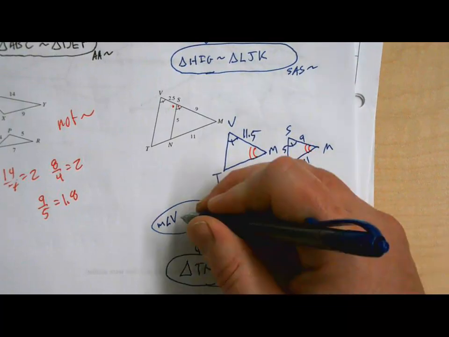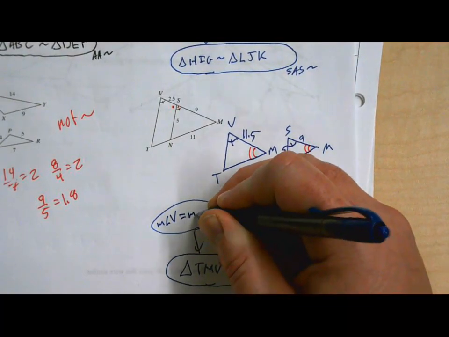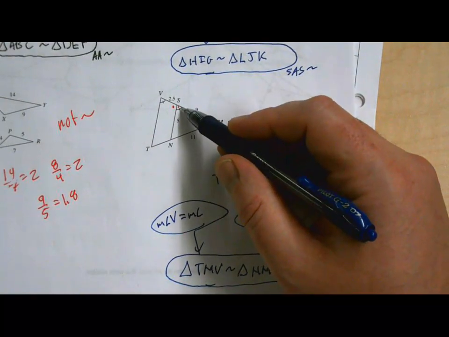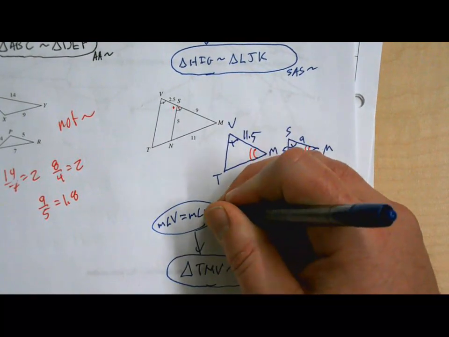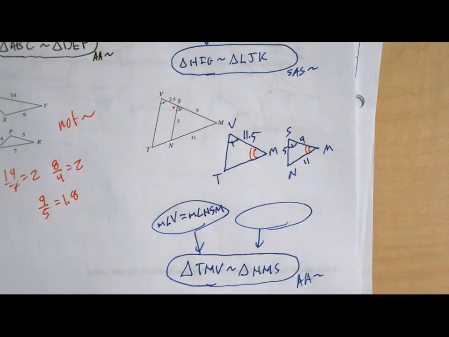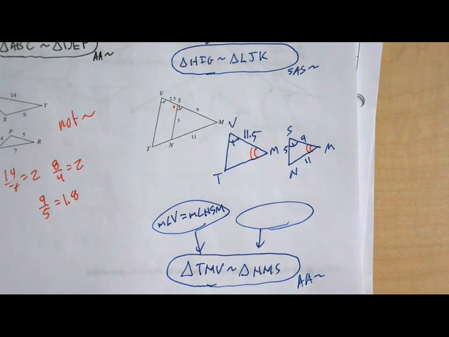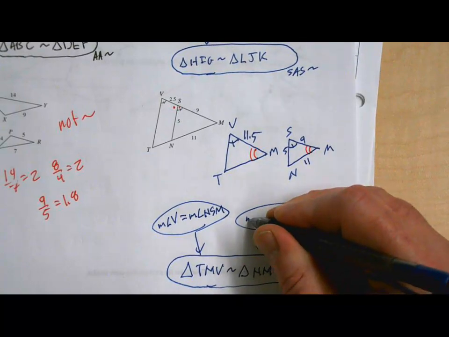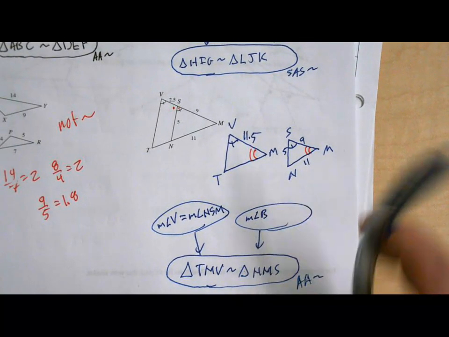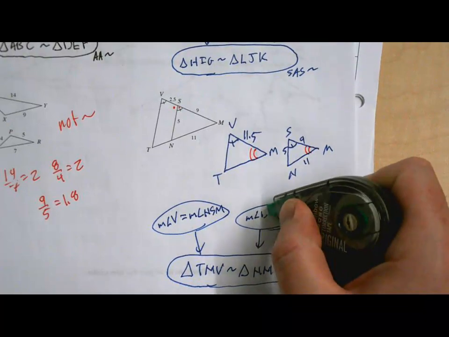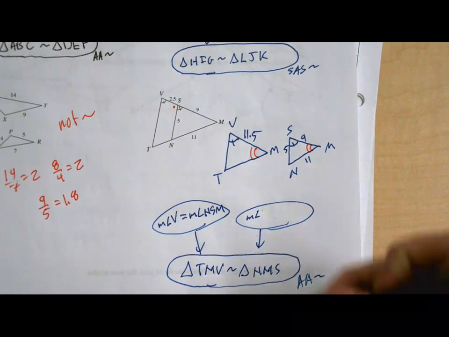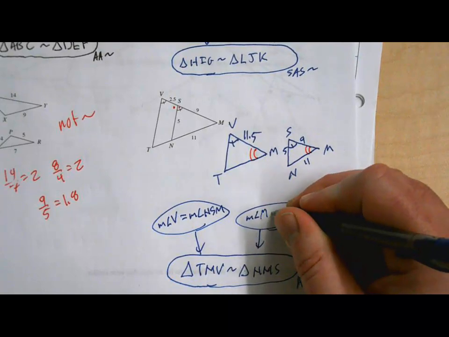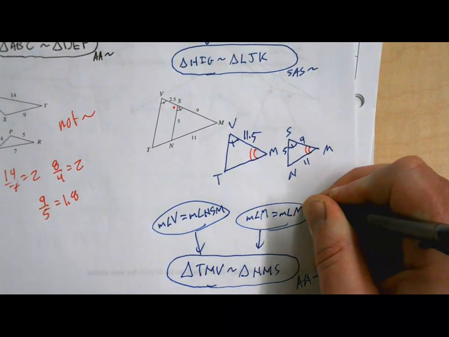The measure of angle V is equal to the measure of angle, and again, I can't say angle S, but I can give it three letters, N, S, M. And then this is going to look weird, but the measure of angle M is equal to the measure of angle M.